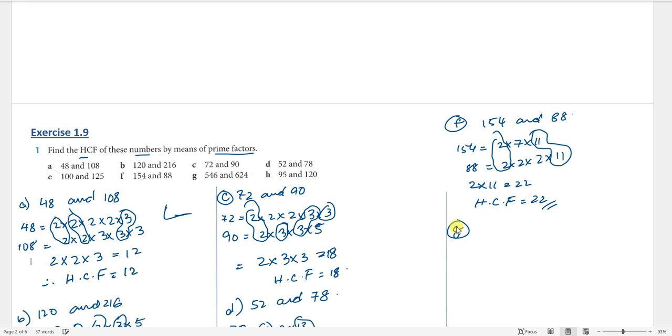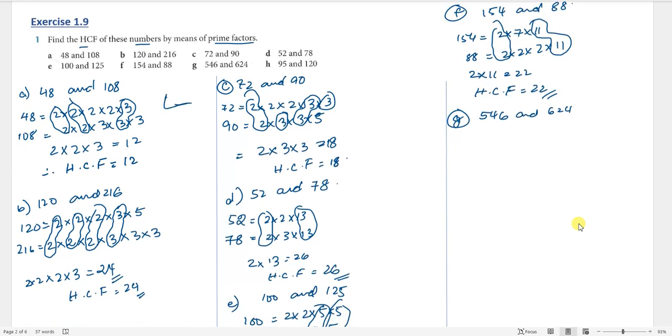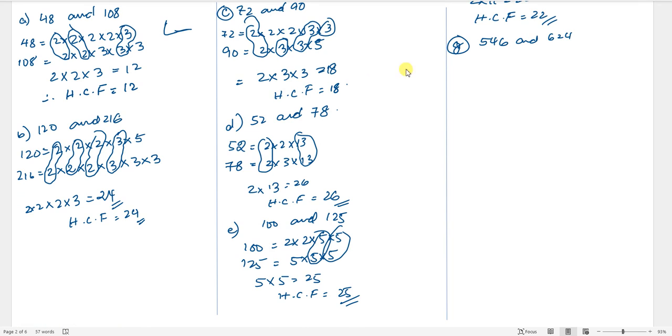Therefore HCF is equals to 22. Question G. 546 and 624. So 546 is equals to 2 times 3 times 7 times 13.